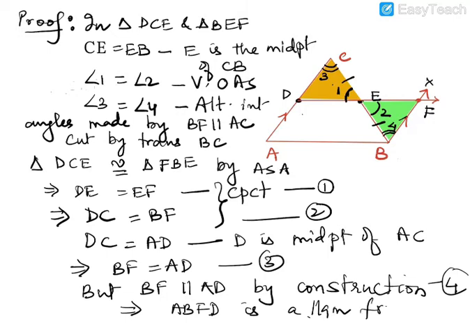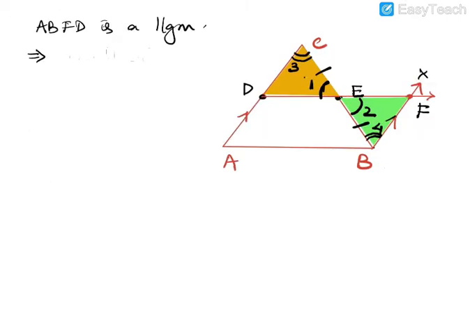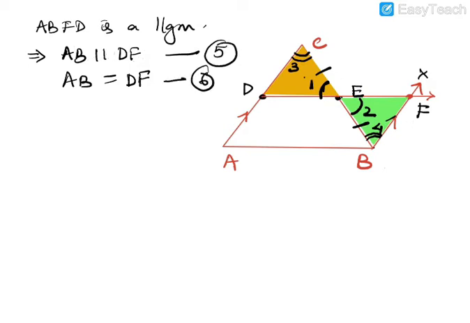So this is from 3 and 4. And we know that in a parallelogram, both pairs of opposite sides are parallel and equal. This means that we can write the other pair of opposite sides, that is AB and DF, parallel and equal to each other. So AB is parallel to DF and AB is equal to DF. Let's mark this as 5 and this result as 6.